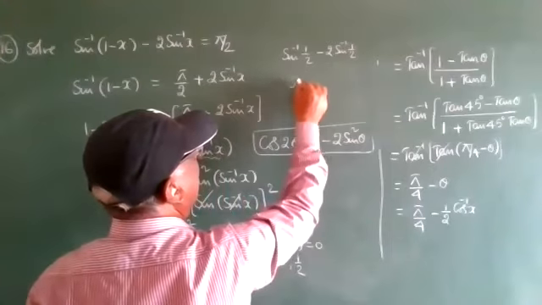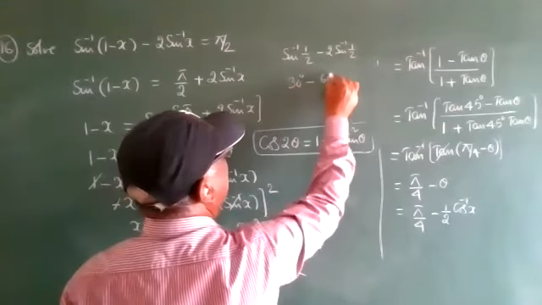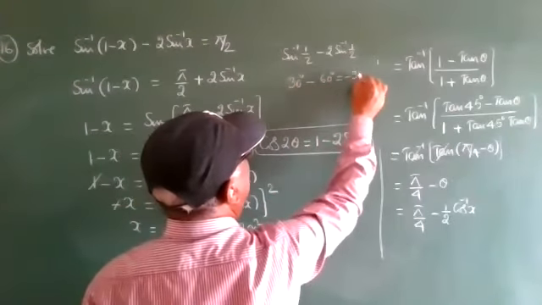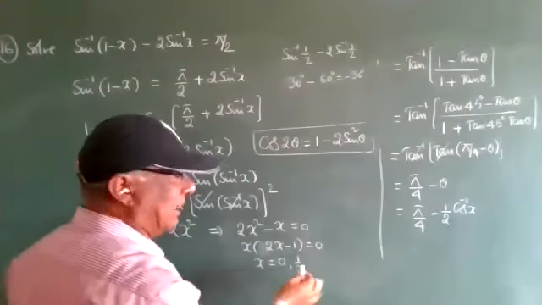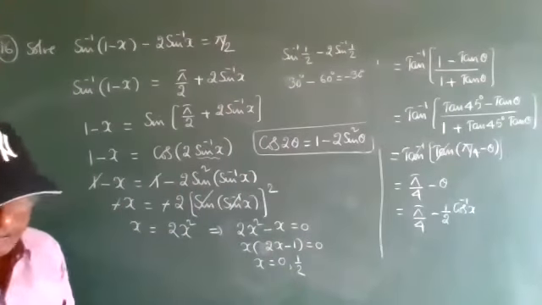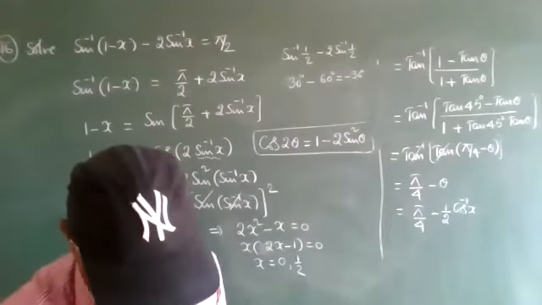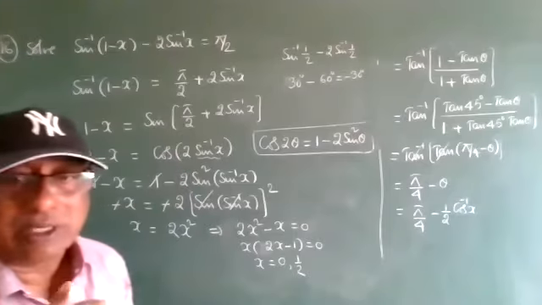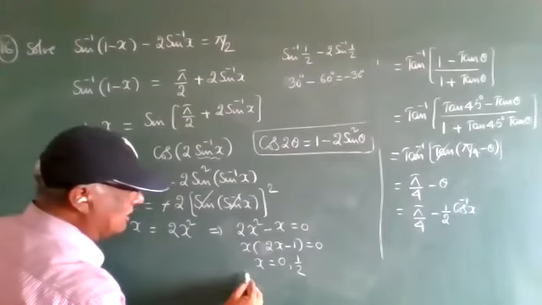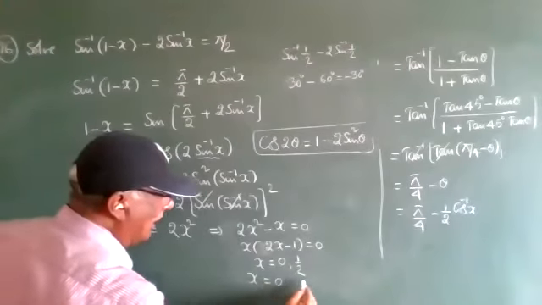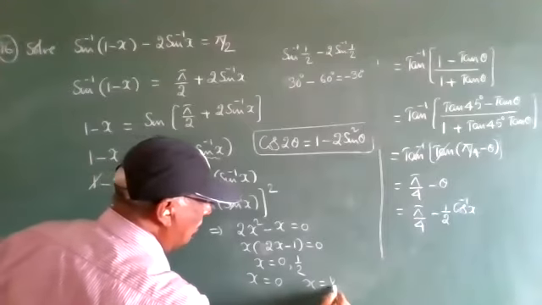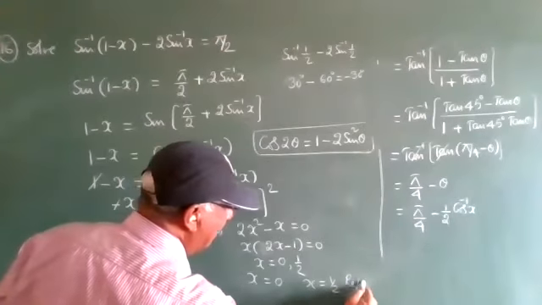That is 30 degrees minus 60 degrees. So minus 30 degrees, but the right side is 90 degrees. 1 by 2 is not satisfied. Only one value is satisfied. What is that value? x is equal to 0. x is equal to 1 by 2 is rejected.